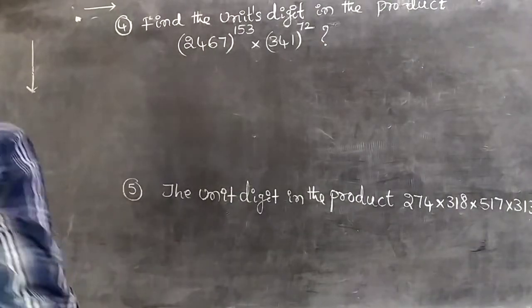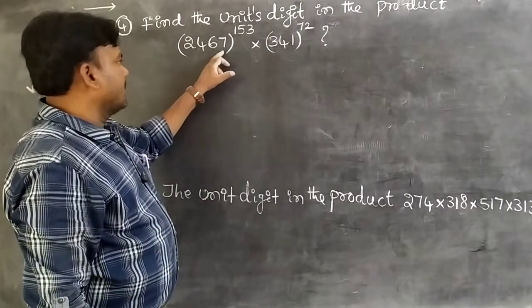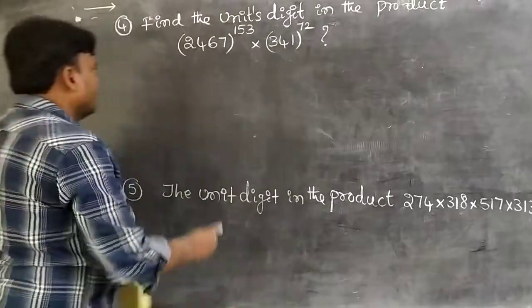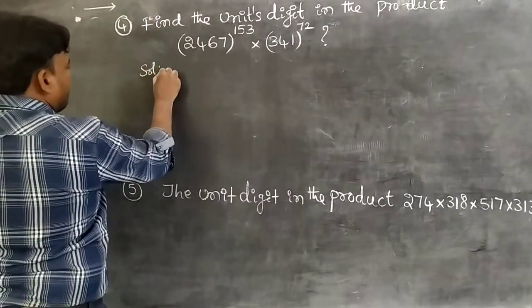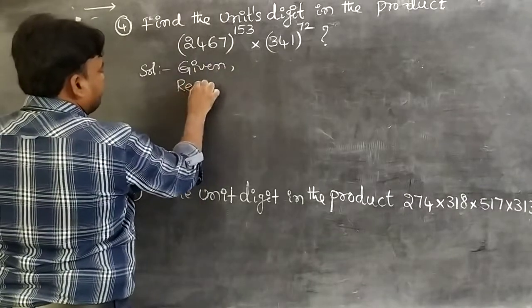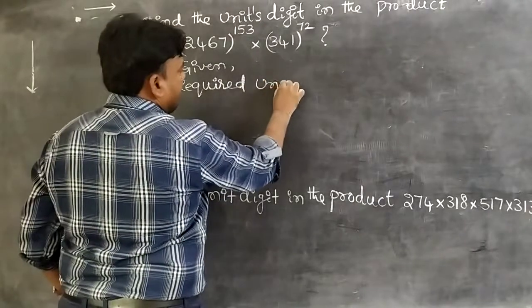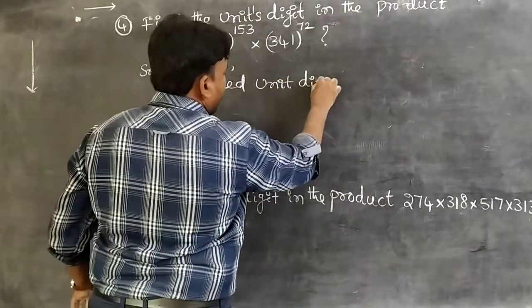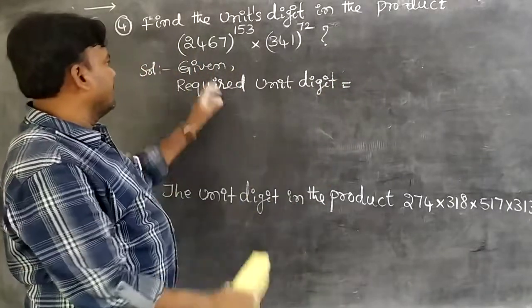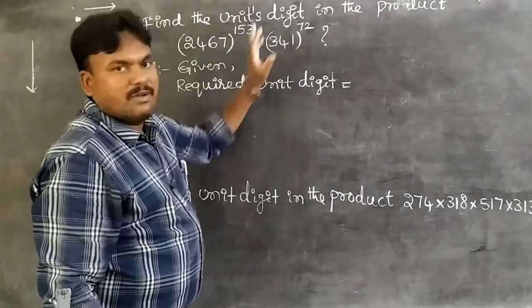Next, product problem, students. Observe. Find the units digit in the product of 2467 whole power 153 into 341 whole power 72. Same procedure, students. Solution given. Required unit digit equal to unit digit of, here which is the unit digit? 7 power 153, here 1 power 72.